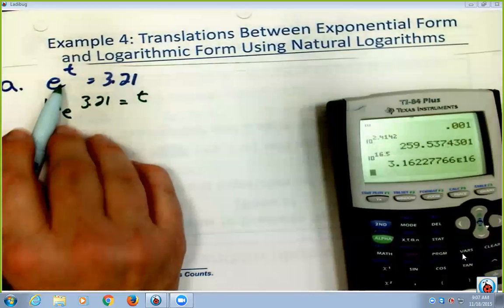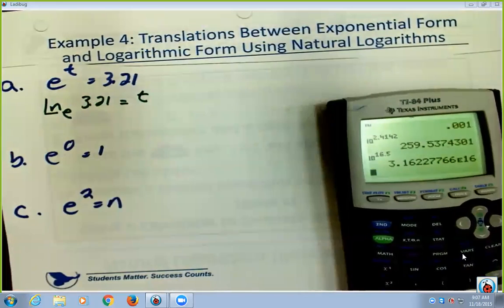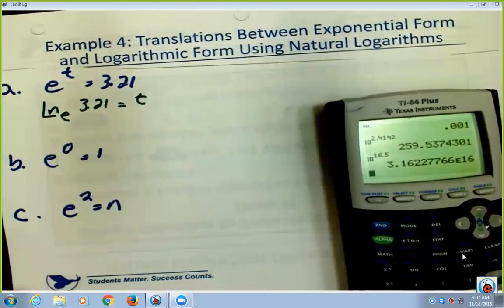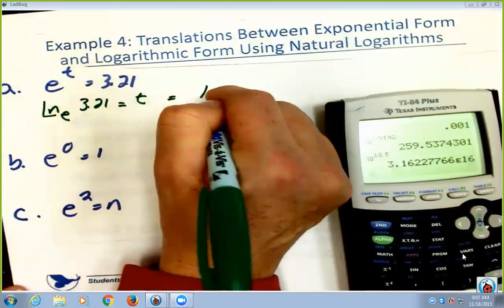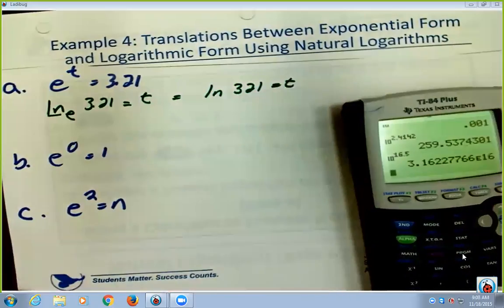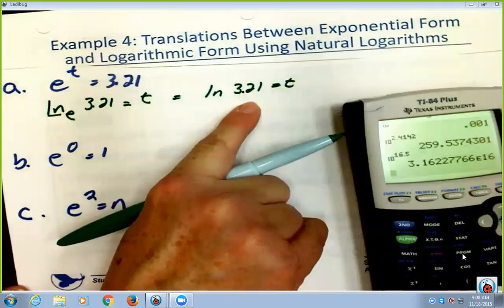So they reverse exactly the same way, but instead of using a log, we're going to use a natural log instead because of the base of e with these. These you will see as ln 3.21 equals t. That's how you'll see these.